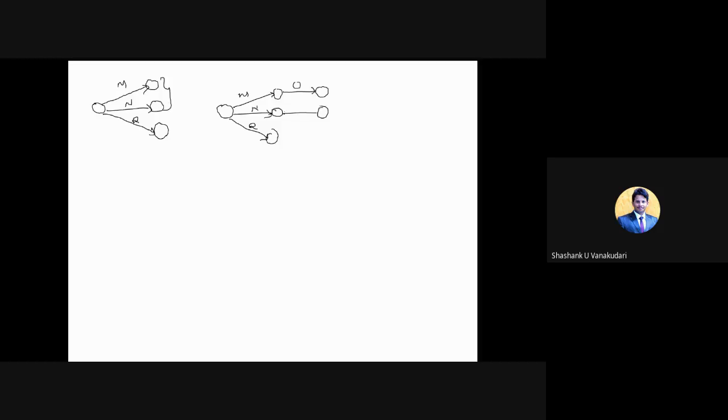So now what I'm doing here, just look at the screen. Now O and P activities are starting concurrently, but they are dependent on the completion of M and N. So this is O and P activities are starting concurrent, means they are not concurrent right now. So here what I'm going to do, I'm going to provide the dummy activity here.